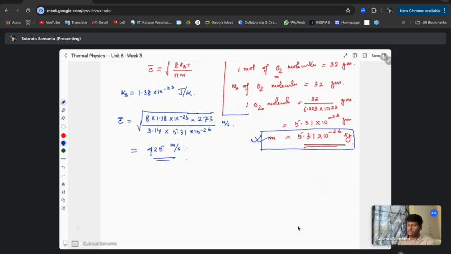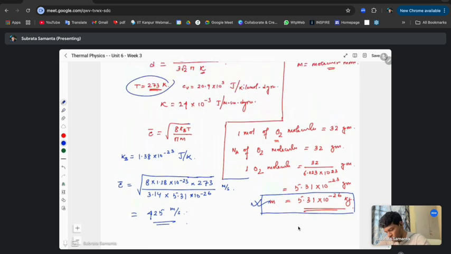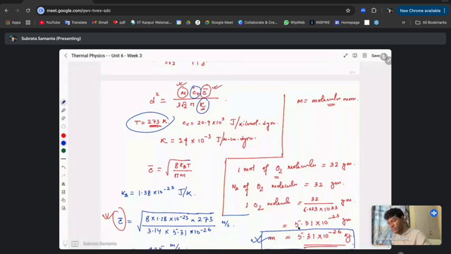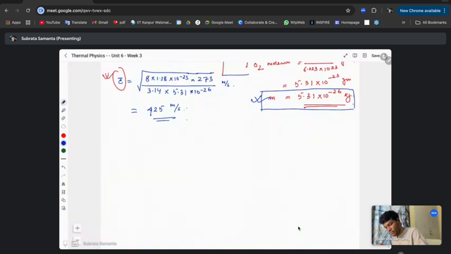right? So now once we know the value of C average, that means we know this quantity, and the other two quantities are given. So it is a straightforward task to calculate d square. Okay, so let's calculate.